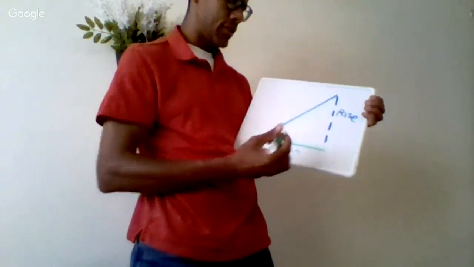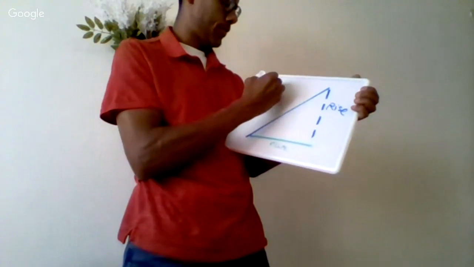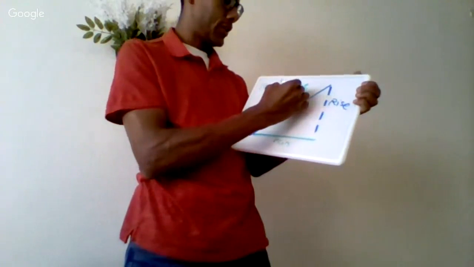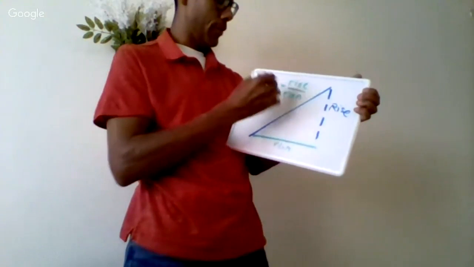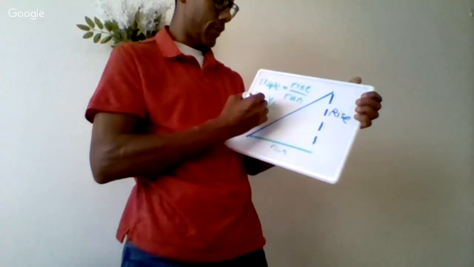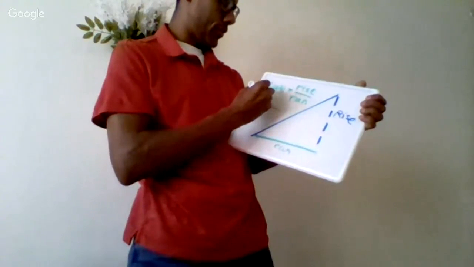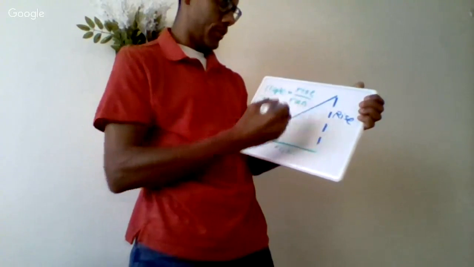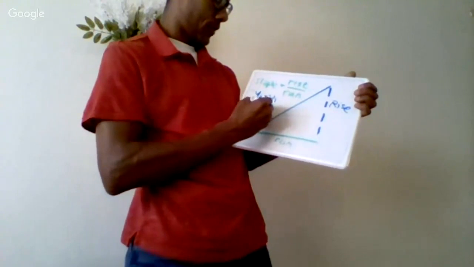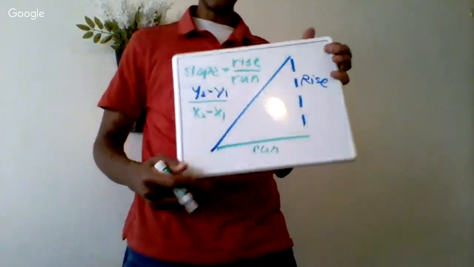So what you'll see is this funky equation that says slope equals rise over run, which is basically a verbal expression. Or you'll see y2 minus y1 over x2 minus x1. That's the wild thing.